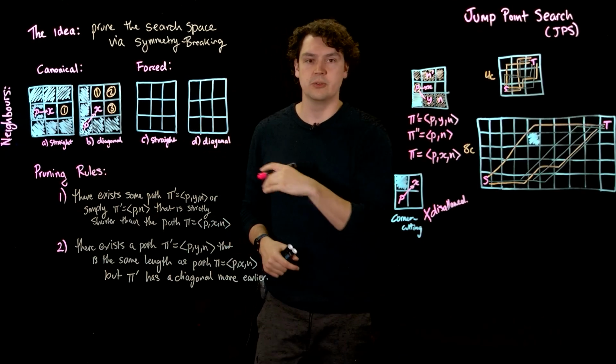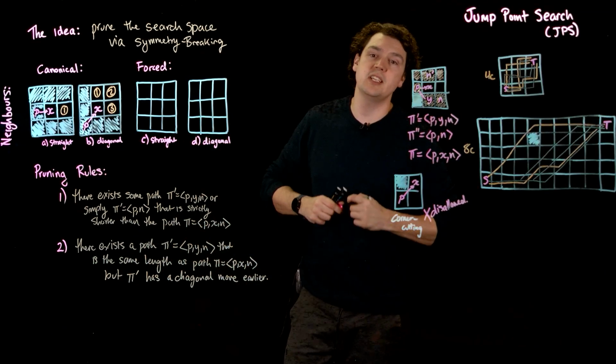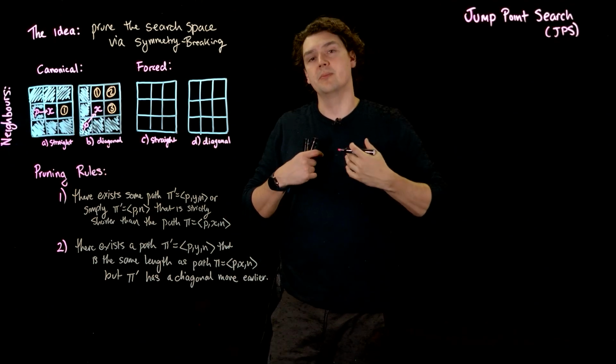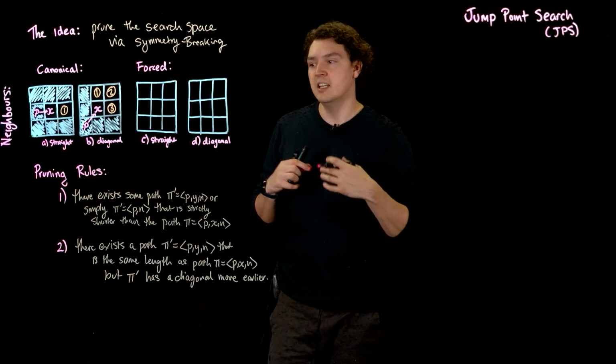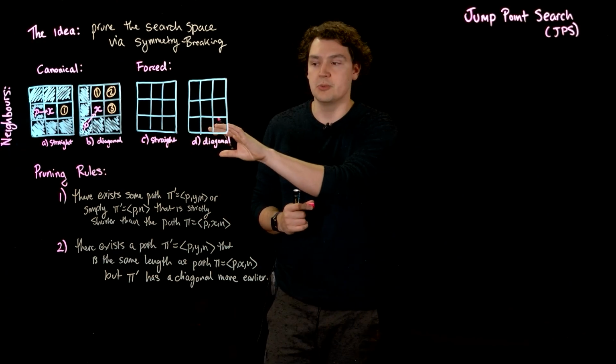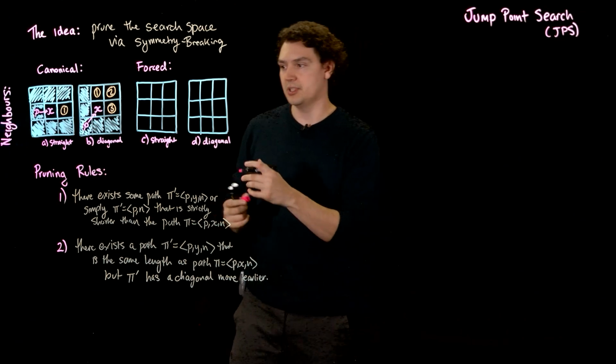So let's talk through forced neighbours in jump point search. Okay, so we obviously have the same situations over here. We're either moving from the parent to the current node X via a straight move or a diagonal, and we're going to look at these same situations, but then of course update them in the case that there were obstacles.